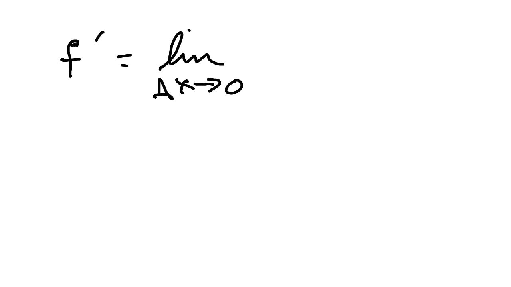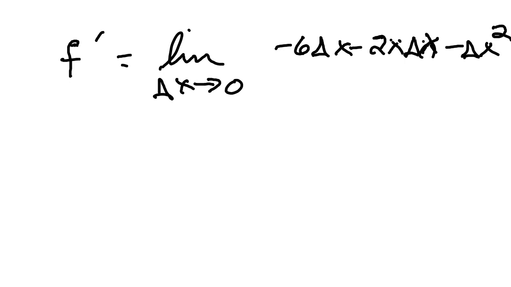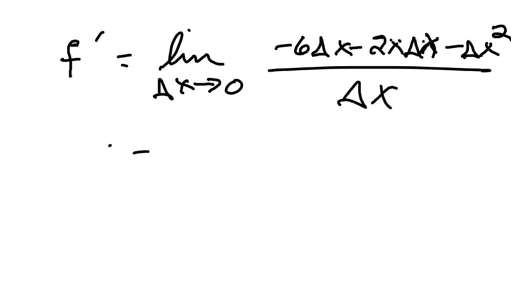We had minus 6 delta x, and then minus 2x delta x, and then minus delta x squared, right? And this is all over delta x. So if you plug in 0 for delta x, it'd be 0 over 0. So we don't want that. So we want to factor out the delta x.